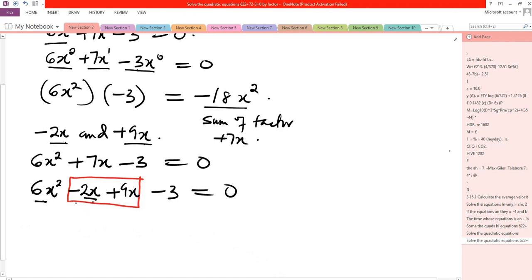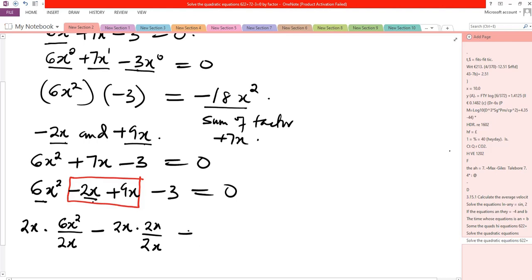Since 2x can divide both, I will say 2x times 6x squared all over 2x, minus 2x times 2x all over 2x. This divided by this is the same thing as 6x squared, and this divided by this is the same thing as minus 2x.